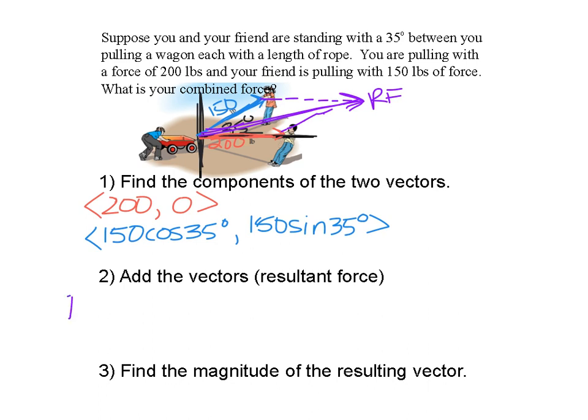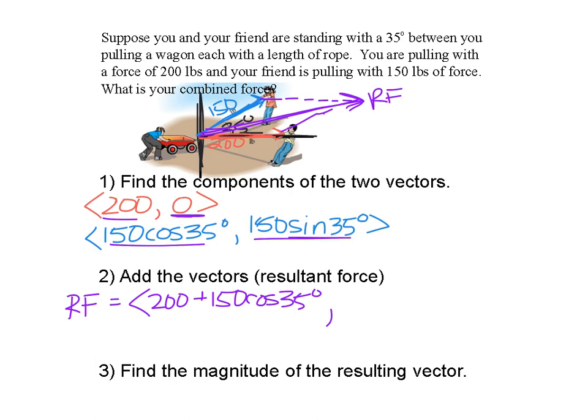So our resultant force is just adding those two together. We're going to add the two A components, so 200 plus 150 cosine of 35 degrees. And then to get the second component, we're going to do 0 plus 150 sine 35, which is just going to be 150 sine 35 degrees.